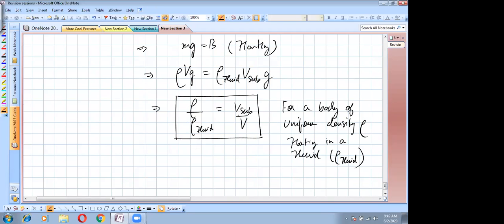That becomes the ratio of volume submerged to total volume. So this is another important special case.